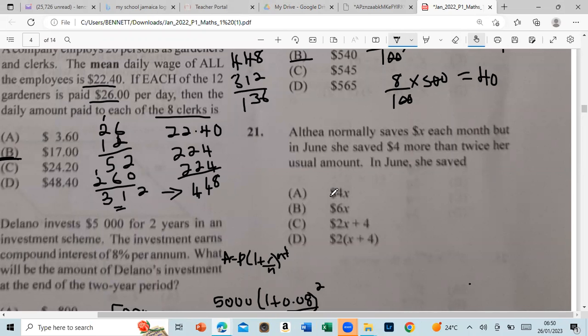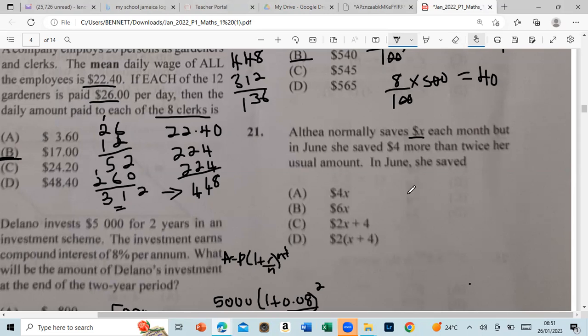Alright, so we are at 21. It says Altia normally saved $X each month, but in June she saved $4 more than twice her usual amount. Let's examine it. So $X each month, right?